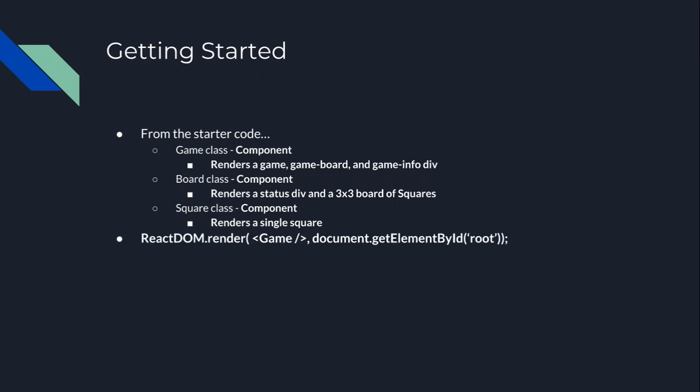You notice from the starter code that at the very bottom of the 3 components, there is this line of code. This line of code takes in the game component as the first parameter, and the location within the DOM that the component will be rendered at.